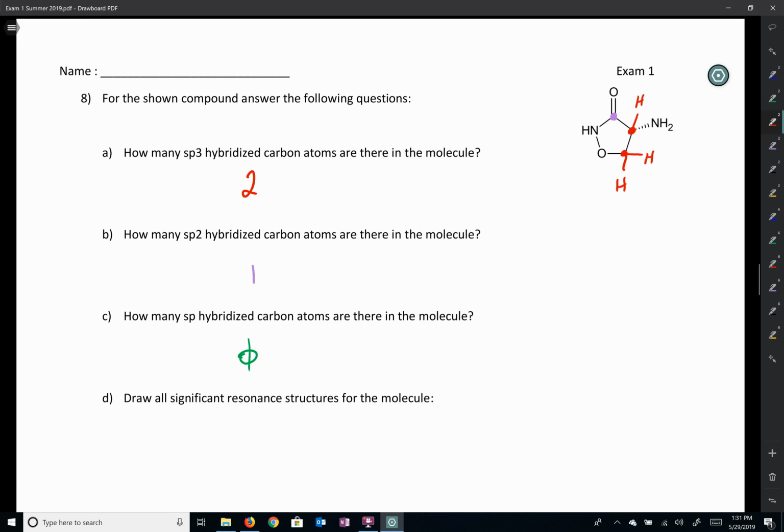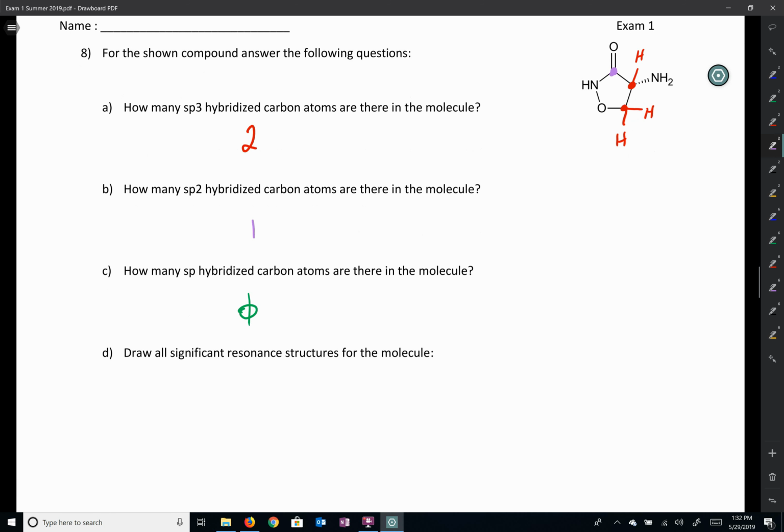If you've got a double bond to a carbon and then 2 single bonds, it's a trigonal planar carbon, that's sp2 hybridized. And sp hybridized carbon atoms have triple bonds. So I'm just looking at the bonds, I'm looking at the hydrogens, I'm showing you the trick that we did in class, counting bonding regions.